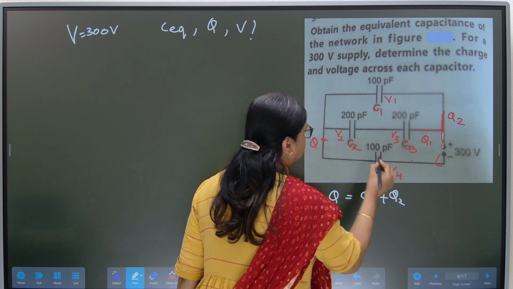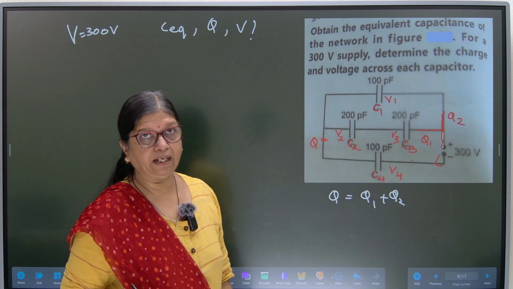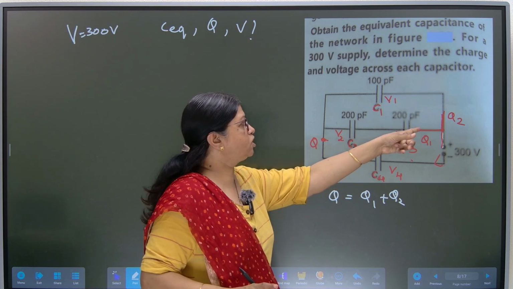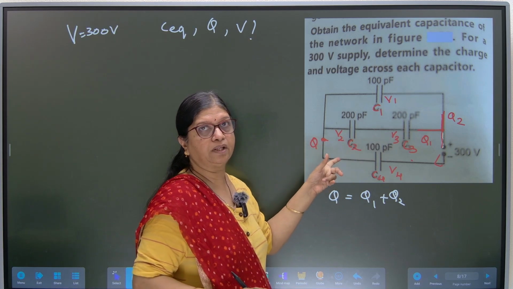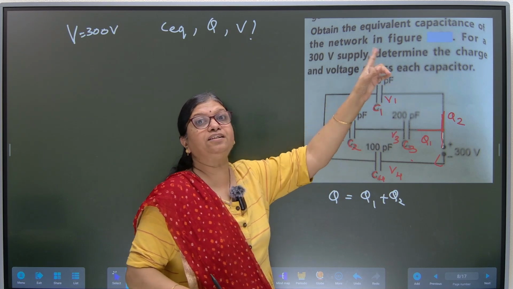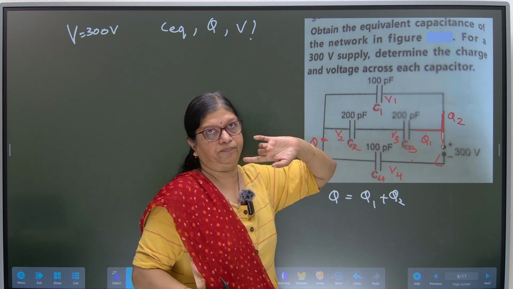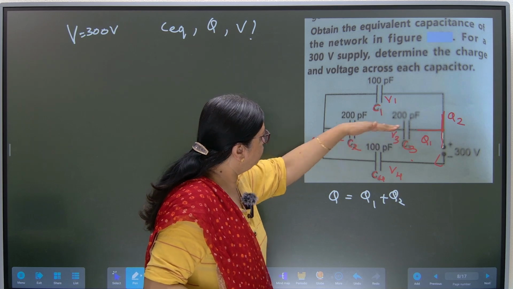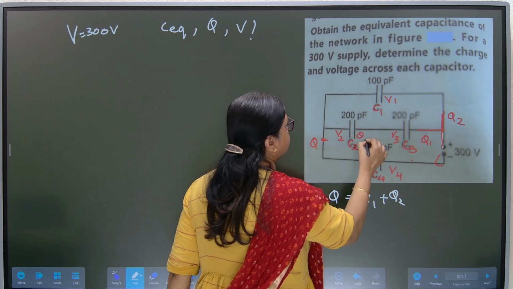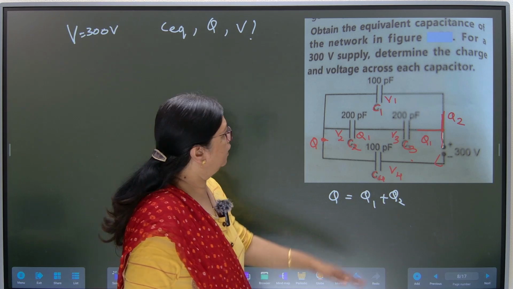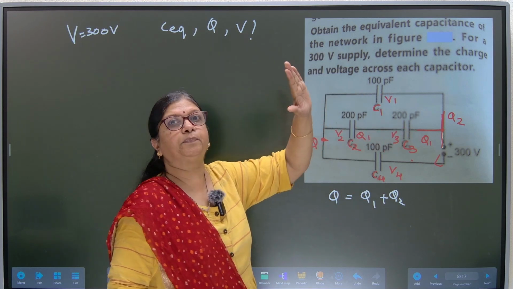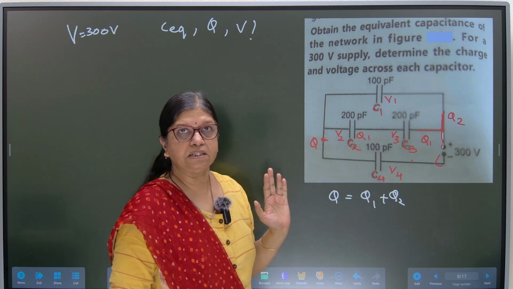Okay, and remembering that for a series combination charge is same, and for parallel combination potential is same. Fine. So for V2 and V3, Q1 is the charge, and for this line and this line potential remains the same.